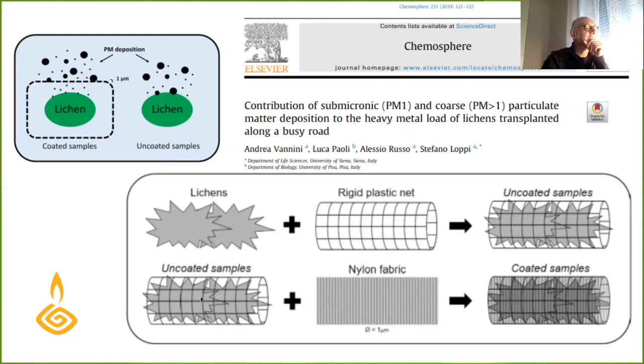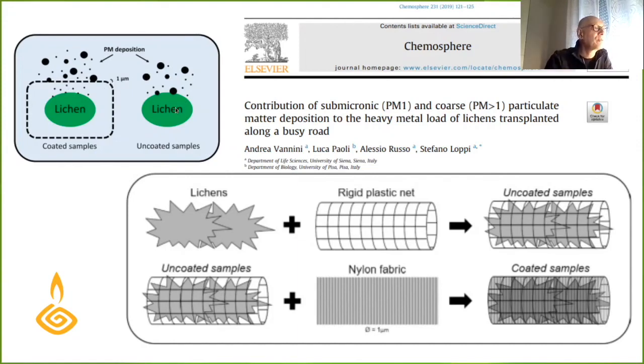One of these lichen bags has been covered with a fabric with a pore diameter of 1 micrometer, and after 3 months of exposure side by side we measured the difference in accumulation between coated and uncoated samples. You see, in one case, lichens could accumulate only particles having a diameter of less than 1 micrometer.